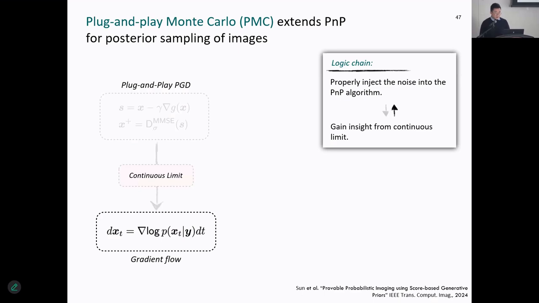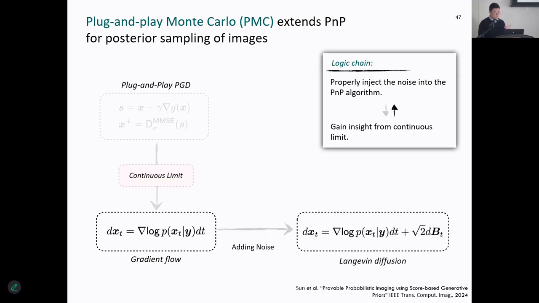If we now add noise into this gradient flow, we can connect it with Langevin diffusion, which is a very popular algorithm for doing sampling, or nowadays we sometimes call it diffusion models. Here, the noise or randomness is characterized by this little term called Brownian motion.